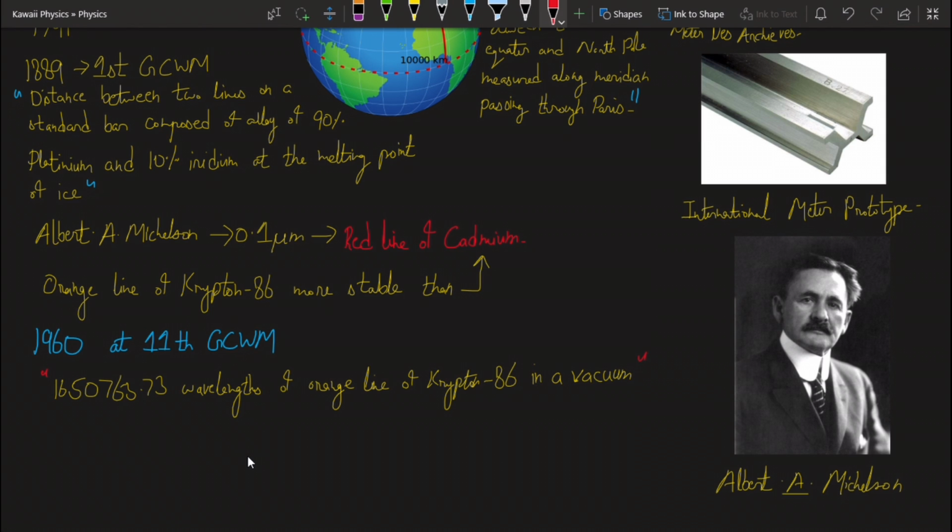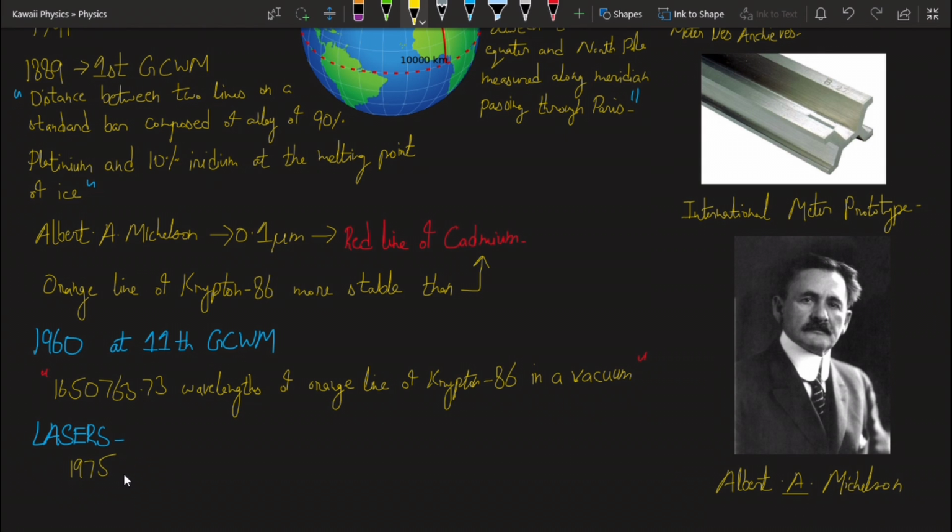There was also progress made in lasers, and when the era of lasers started, scientists were calculating the speed of light with great accuracy using lasers.